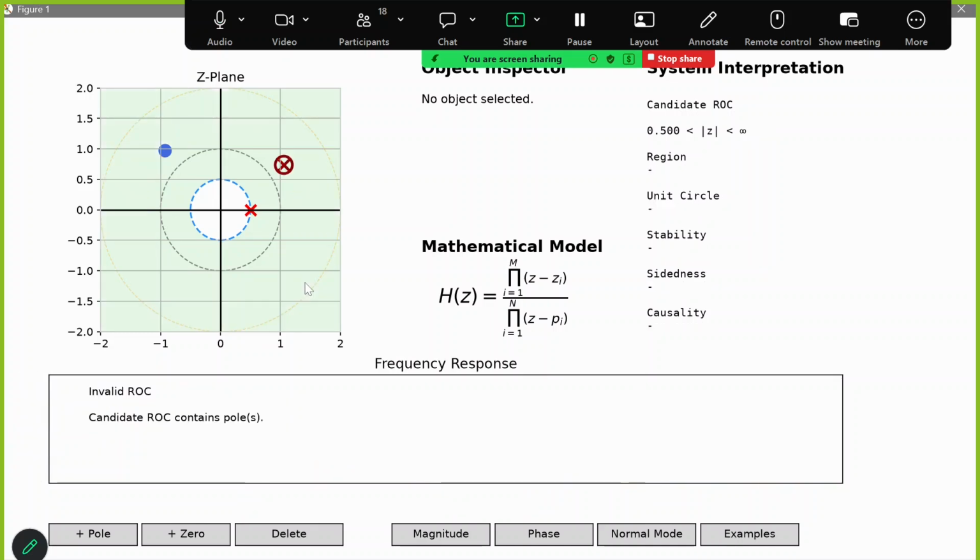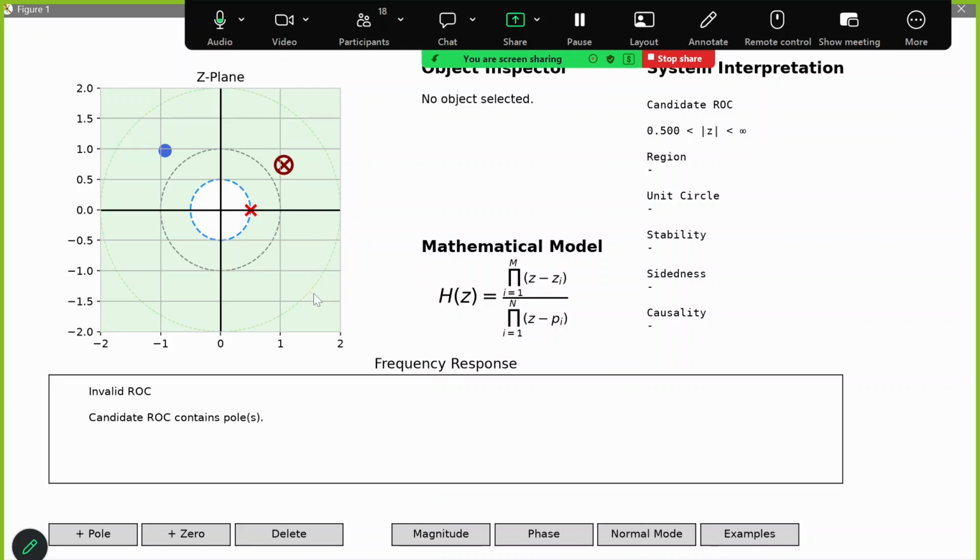Okay, so the Z transform is very useful in designing your digital device. Like if you want to build a digital filter, you can utilize this.